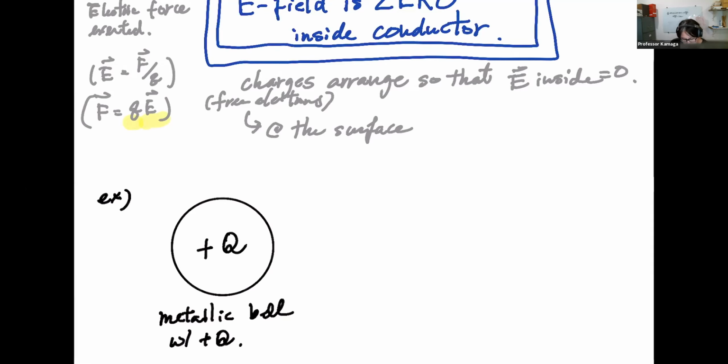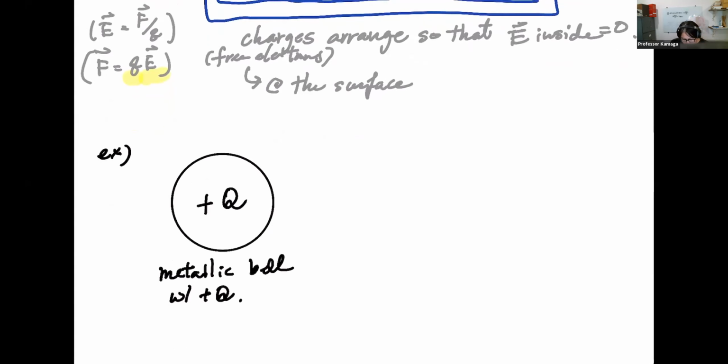That means all these plus Qs, to make it plus Q, are going to be only at the surface, so that the electric field lines coming out have to be perpendicular. And it's only at the surface.